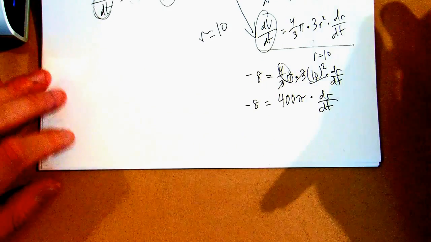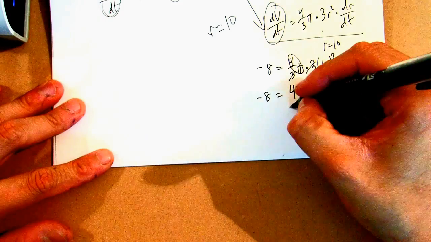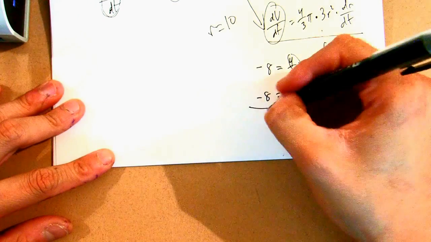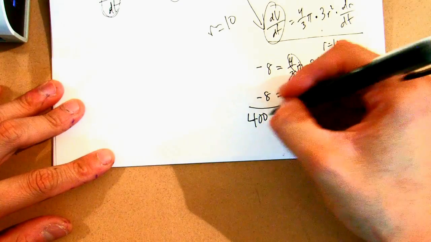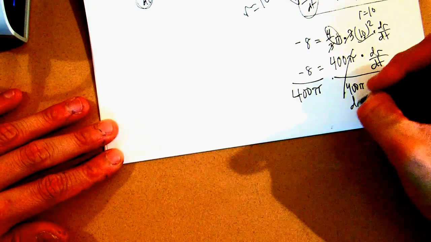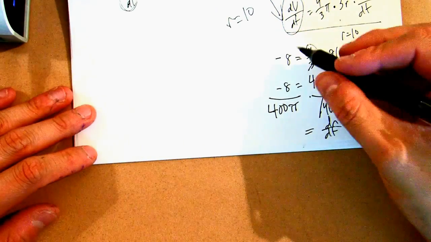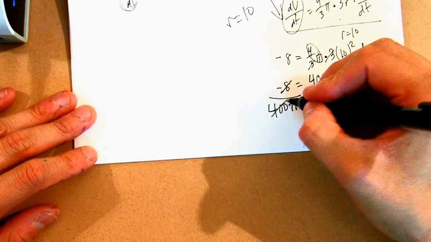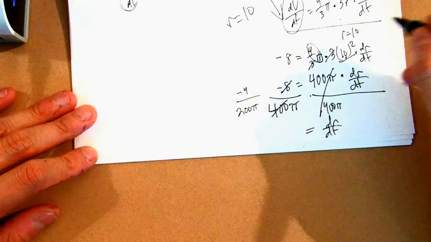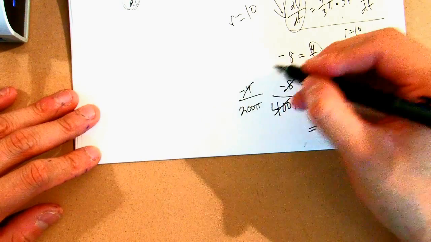And now what do I do? Divide. Okay. And now these cancel, and I'm left with dr/dt equals this. Now, I'm going to reduce this. I'm going to take out a 2. That's negative 4 over 200π. Now I'm going to take out another 2.